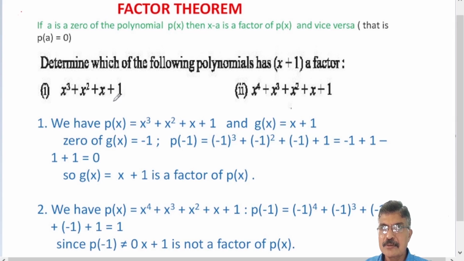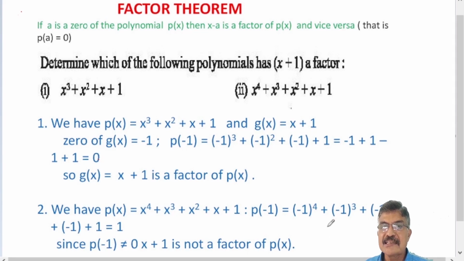The remainder obtained by dividing this polynomial with x plus 1 is p(minus 1), since the 0 of this polynomial is minus 1. So p(minus 1) is equal to minus 1 whole cube. Substitute x with minus 1 and do the necessary arithmetic, we will get the answer as 0. So x plus 1 is a factor of this one.